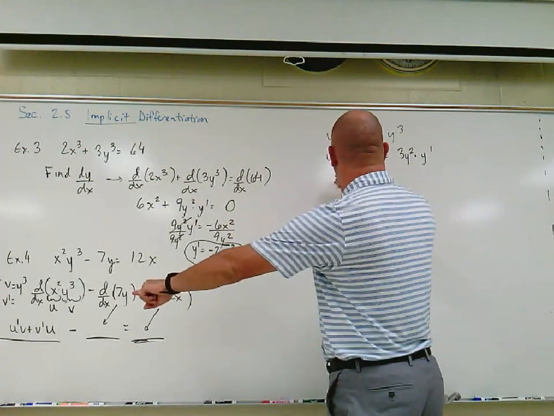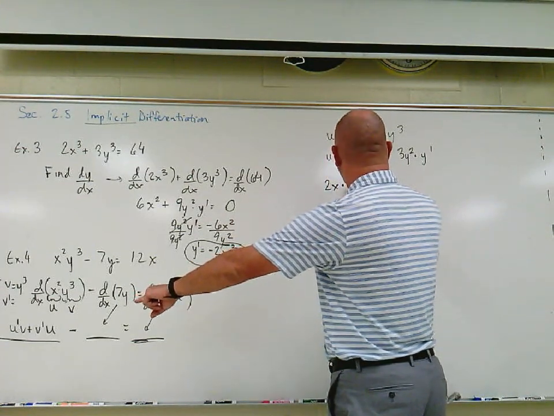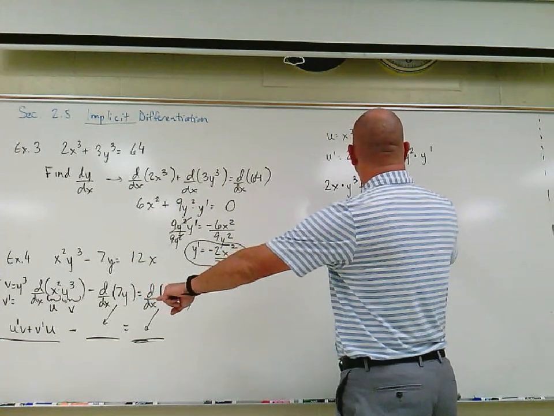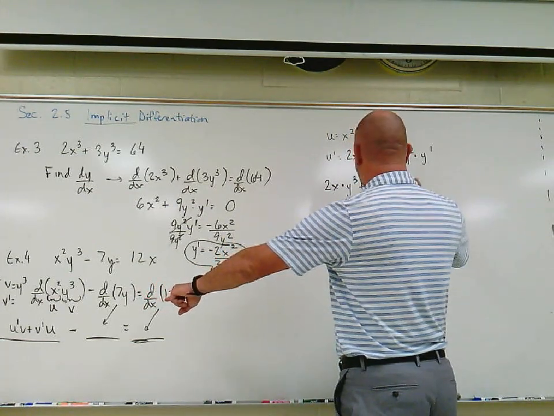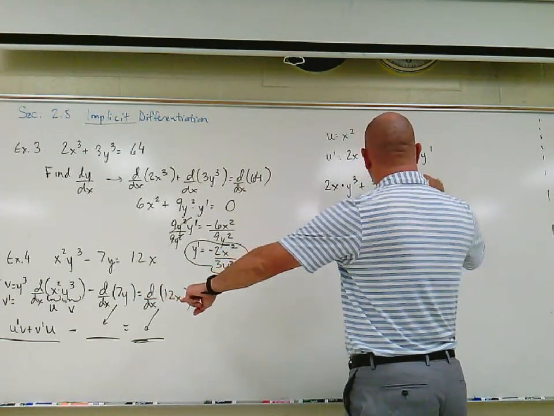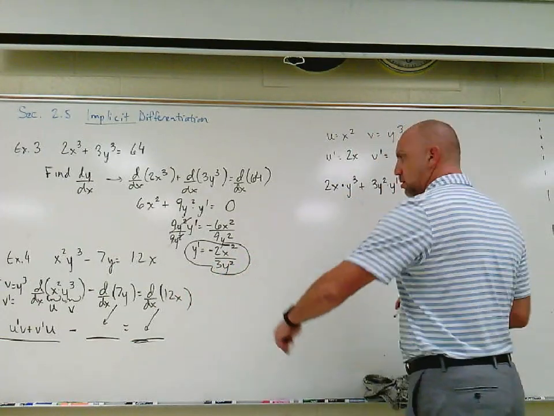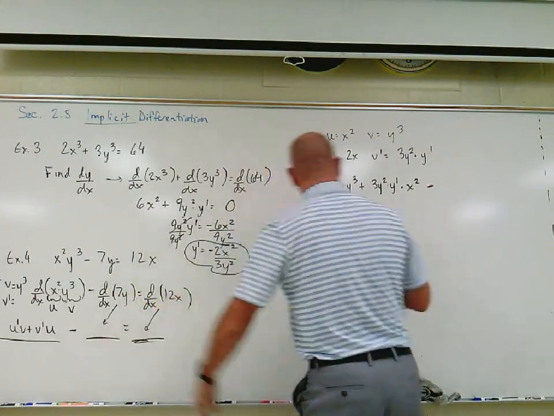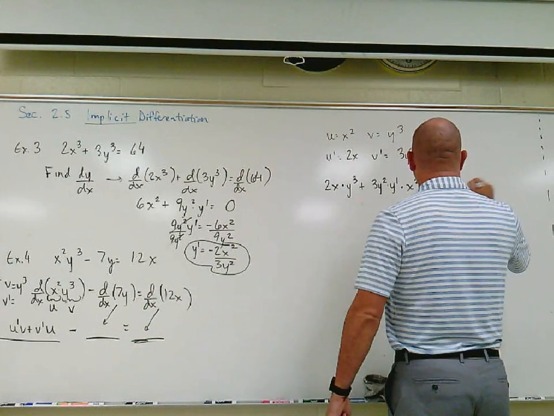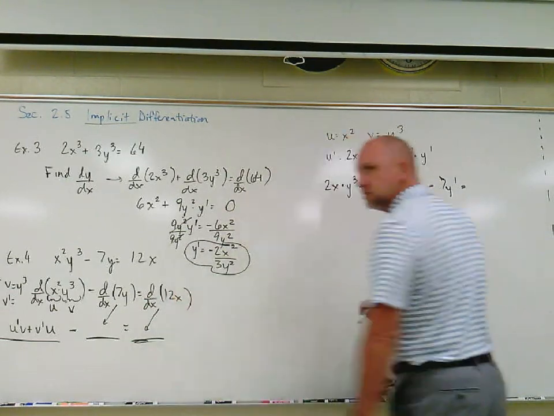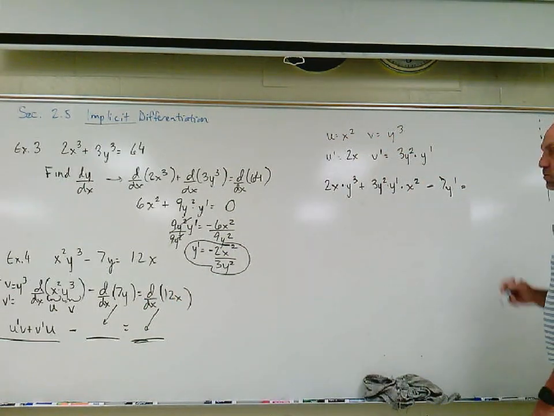So u prime is 2x, v is y cubed, plus v prime, 3y squared y prime, times u, which is x squared, minus the derivative of 7y, which is 7y prime, and the derivative of 12x is 12. All right. Then what was the next step?